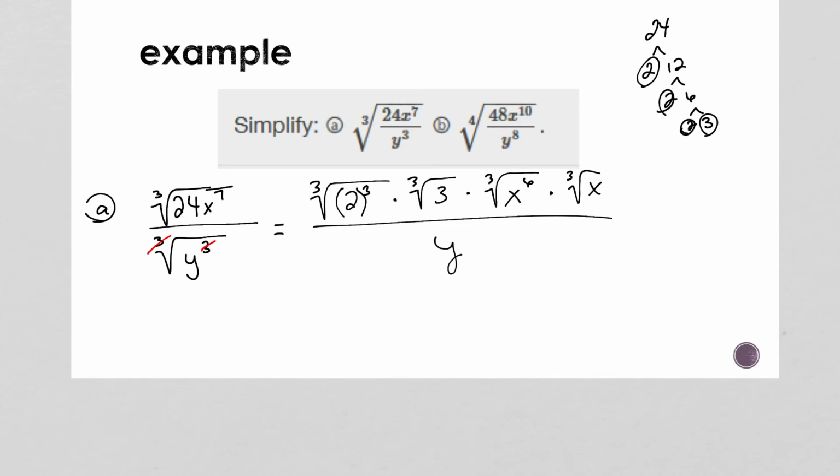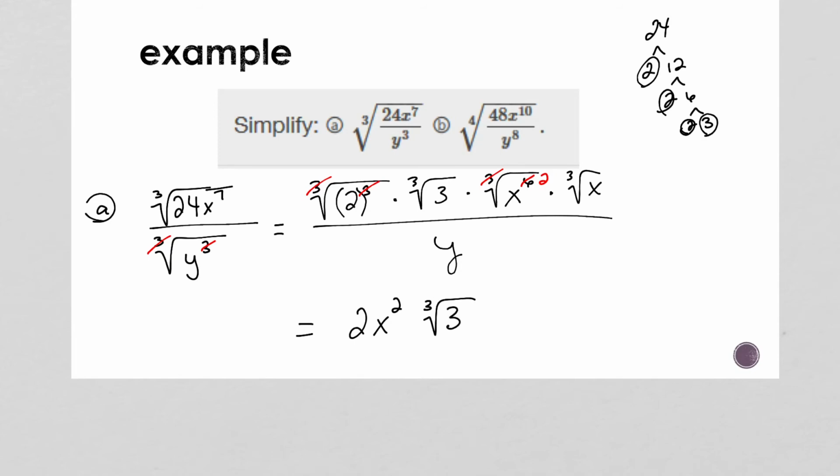All right, now I can reduce that, and that x to the 6th will become squared though. Okay, so I end up with 2 on the outside. I've got x squared on the outside. That's where this came in. And then I've got the cube root of what's left over under the radical.